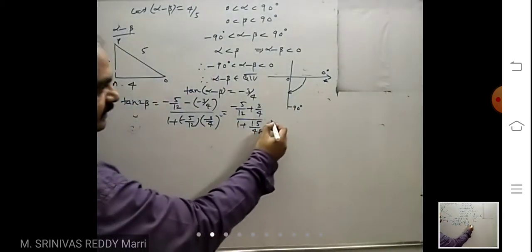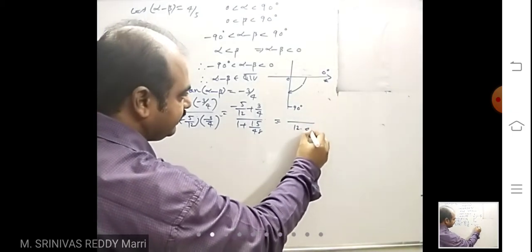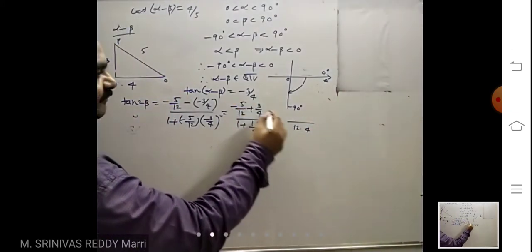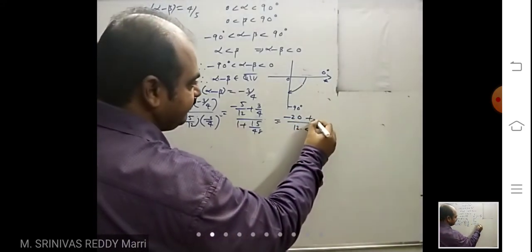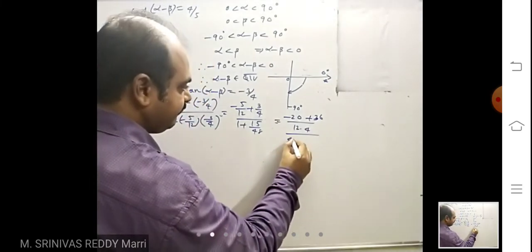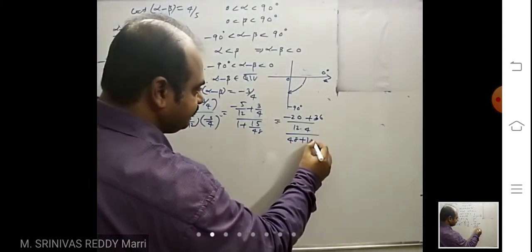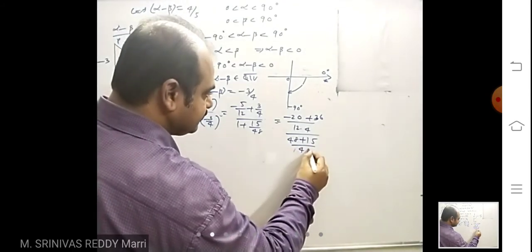So take the LCM here. I am taking the LCM 12 into 4. So minus 5 into 4, minus 20, plus 12 into 3, 36, divided by 48 plus 15 divided by 48.